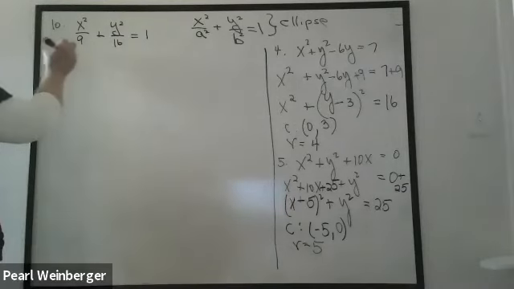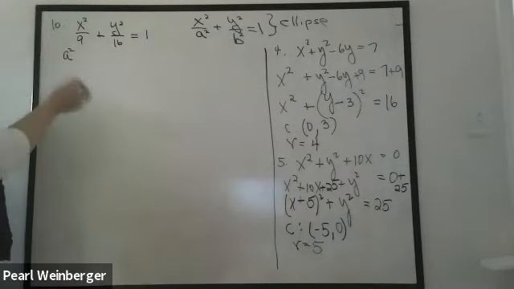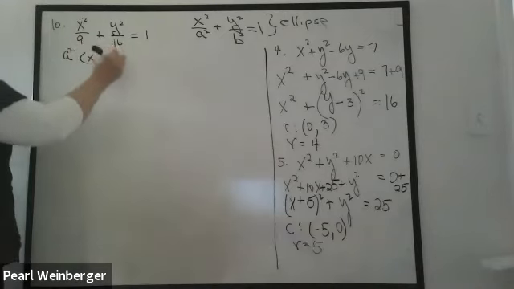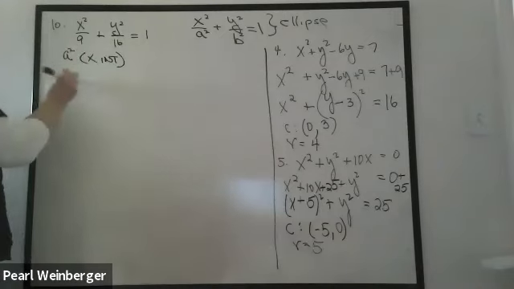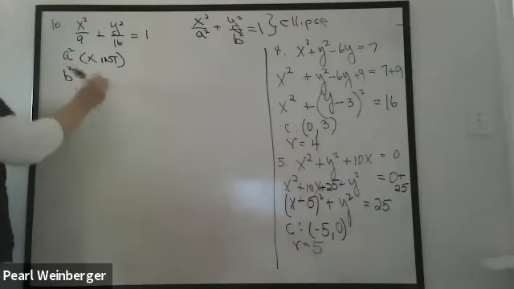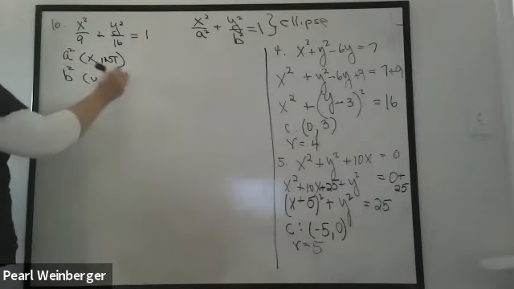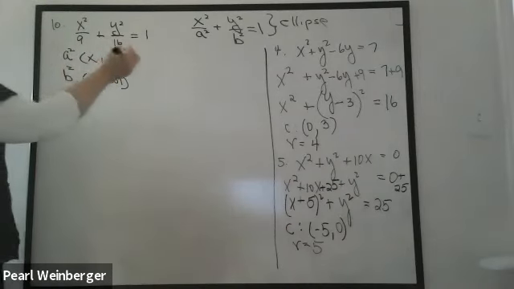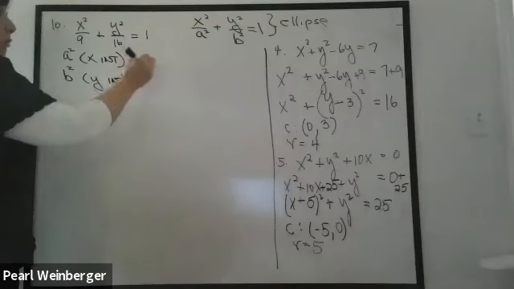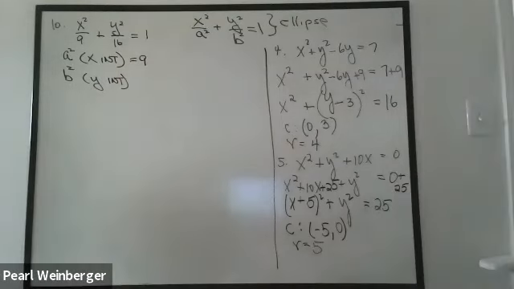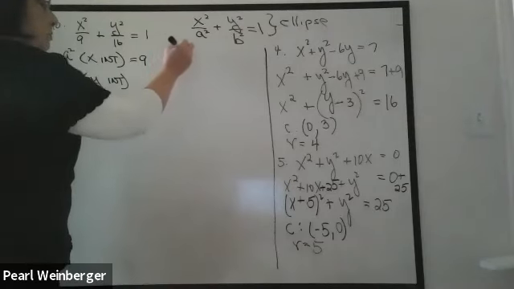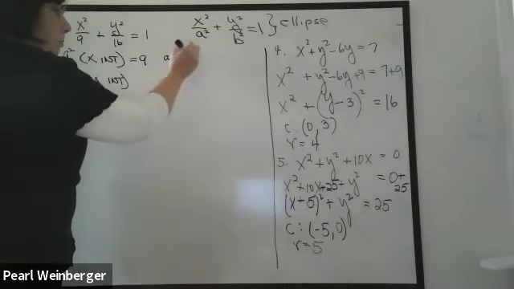We know that the a squared is what gives us the x-intercepts, and the b squared gives us the y-intercepts. The a squared is what's underneath the x squared, which means that the a squared in this case is 9. And that means a has to be either plus 3 or minus 3.